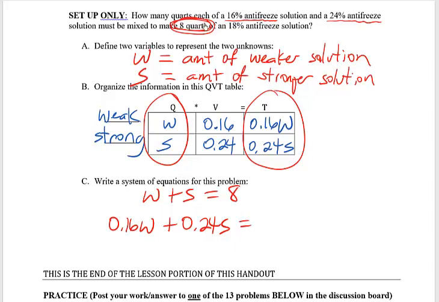Here's what I know. I know there's 8 quarts of liquid, and I know the percentage in the final mixture is 18%. Well, to get the amount of antifreeze, I have to do the same kind of calculation I did for these two things. I have to take the amount, the 8 quarts, and multiply it by the percentage. 8 times 0.18 represents the total antifreeze in the final mixture.